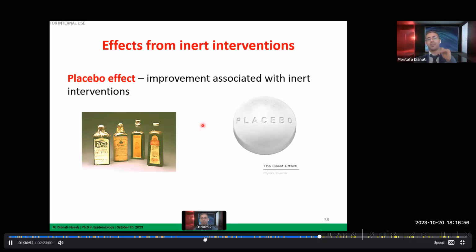And after that, they were supposed to see if the headache of patients had relieved or not. It's really interesting that both groups mentioned that their headache is relieved, both in placebo group and in the main intervention group. So in this scenario, we have placebo effect.